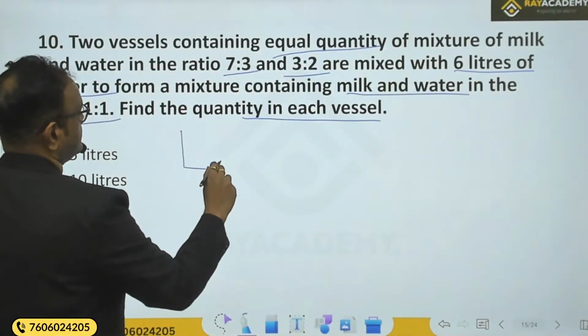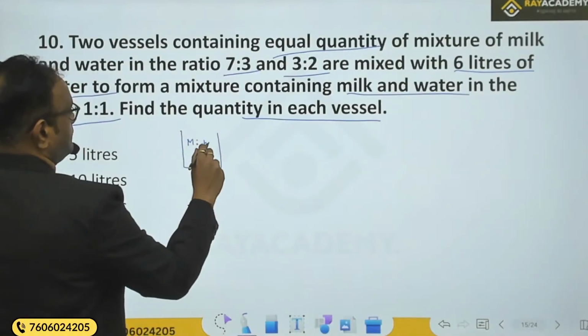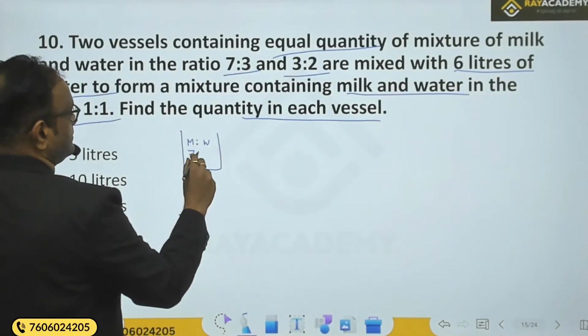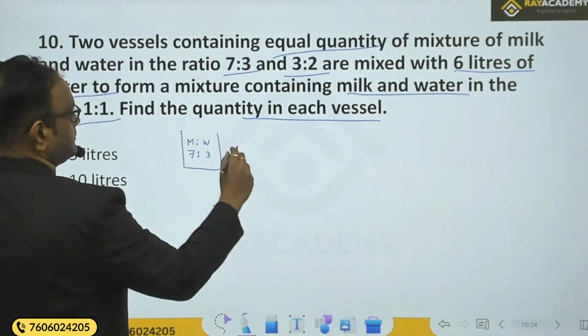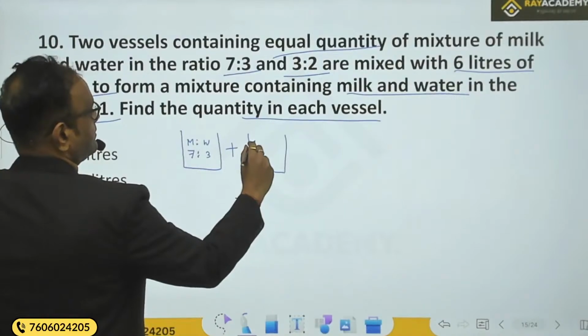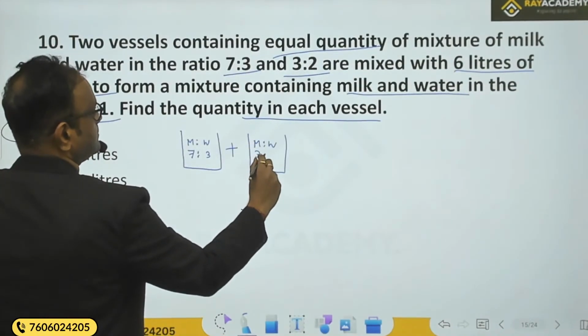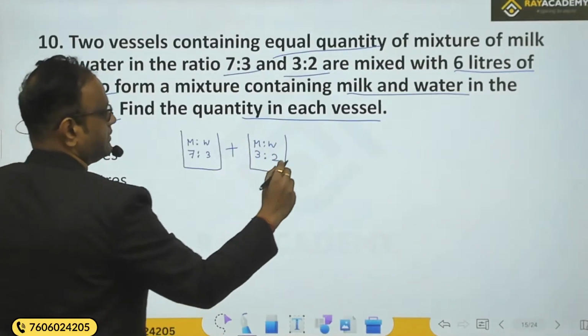First container has milk and water in the ratio 7:3. Second container has milk and water in the ratio 3:2.